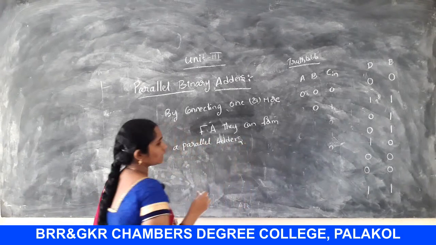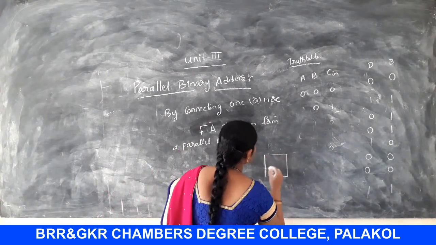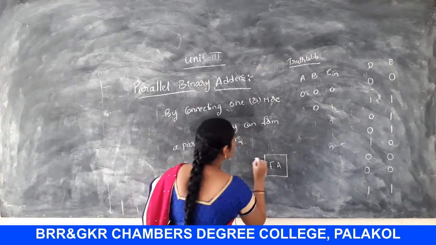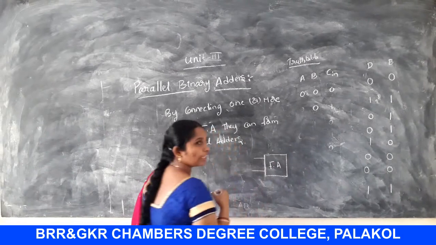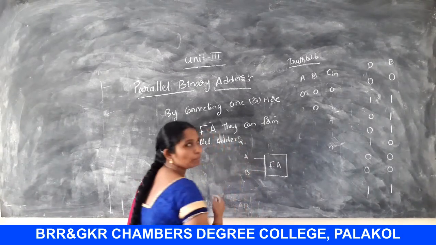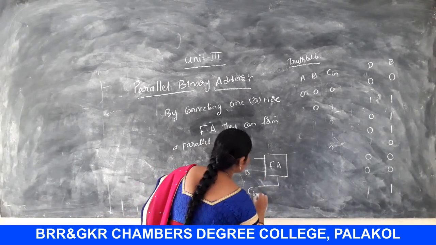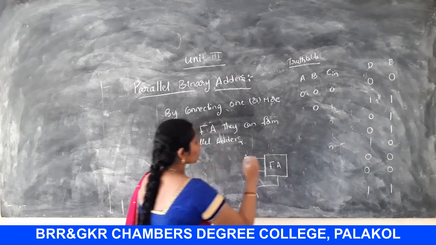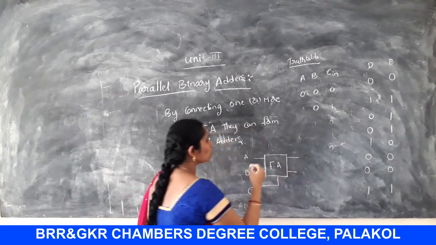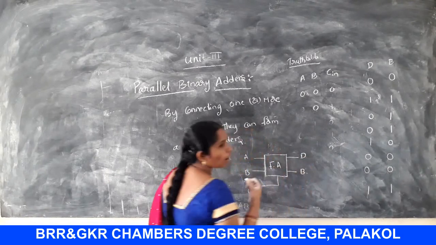Okay. So for example, if we consider a full adder, so I consider this is a full adder. So every full adder has 3 inputs. Those 3 inputs are A and B and another input is Cin, that is nothing but the carry. Okay. So and every full adder also produces the sum and also carry.